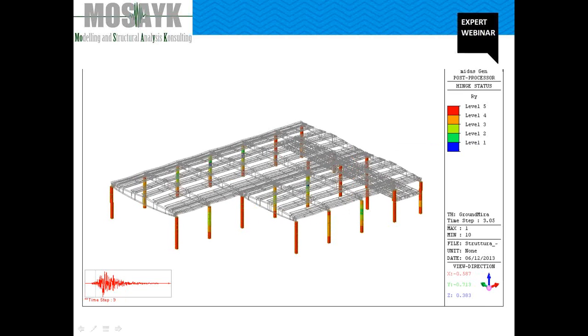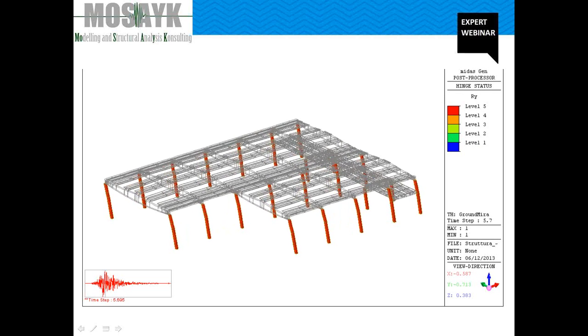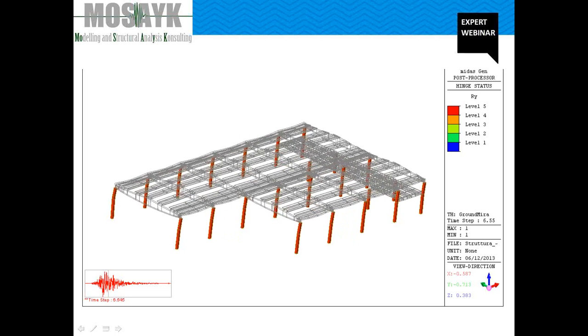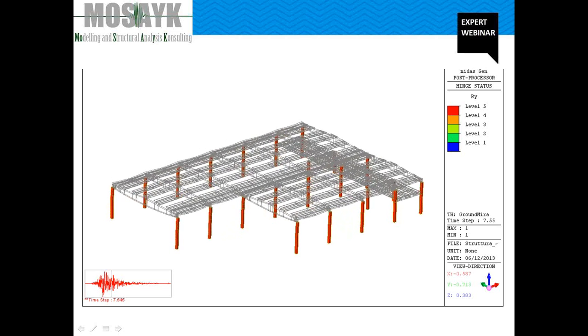For example, by checking the peak ground acceleration of the accelerogram exactly here, we can see the cantilever action on the full building.